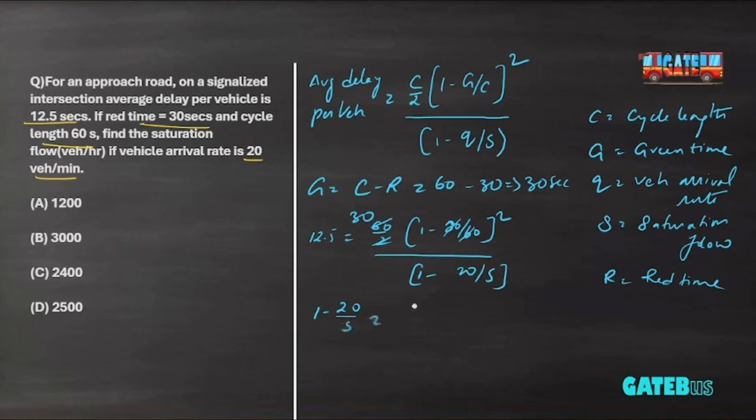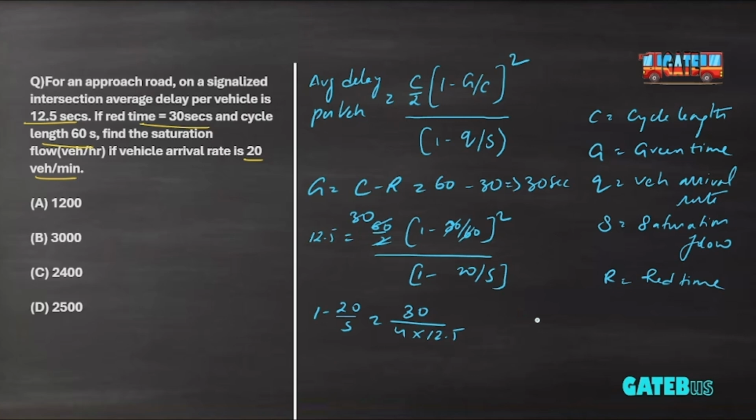So we got 1 minus 20 by S is equal to 30 by 4 into 1.5. What is 30 divided by 4 into 1.5? That is 0.6.